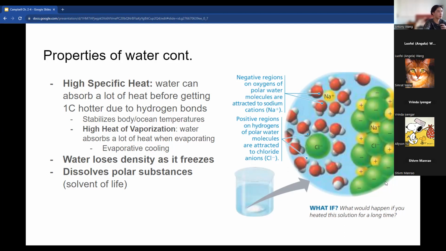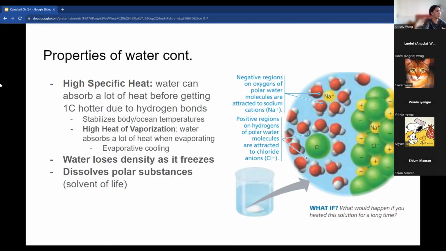But in the case of water, before the molecules can start to move faster, they're held in place by their hydrogen bonds. In order for thermal energy to make it hotter, the hydrogen bonds need to be broken first. And that requires a lot of energy. Actually, the specific heat of water is 1 calorie. That's the definition of a calorie.